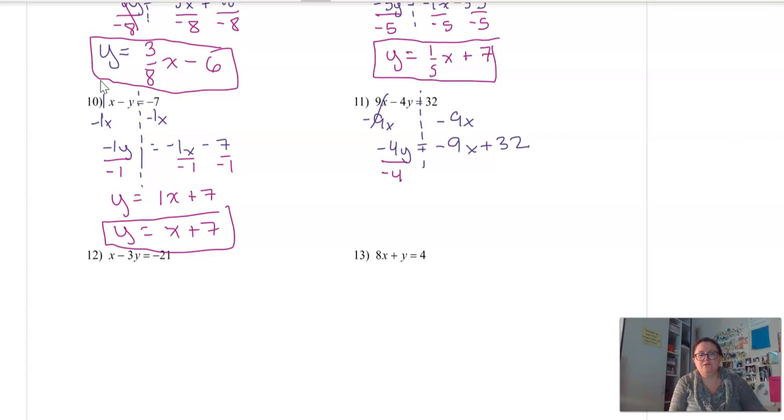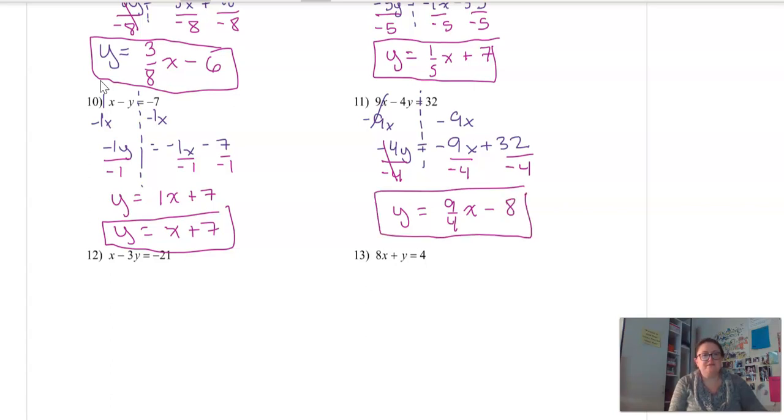Divide by negative 4: y equals positive 9/4 x. 9 over 4 doesn't reduce because nothing goes into both 9 and 4. Minus, because plus divided by negative is minus. 32 divided by 4 is 8, because 4 times 8 is 32.